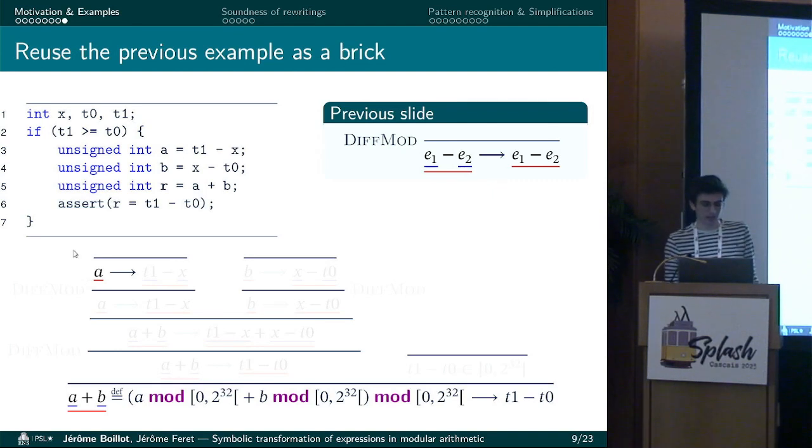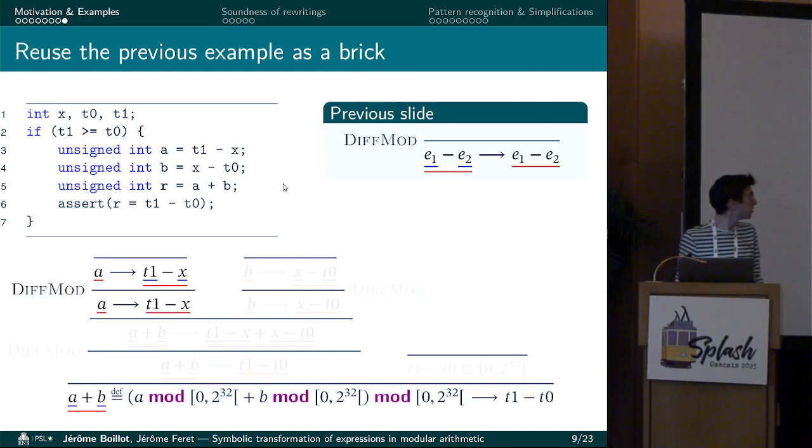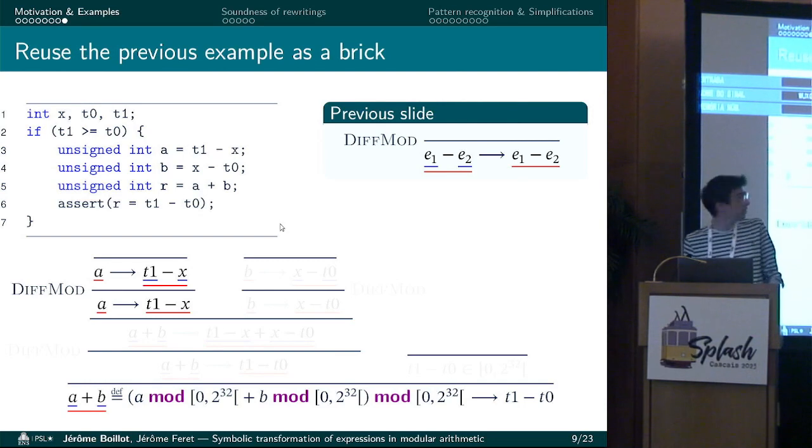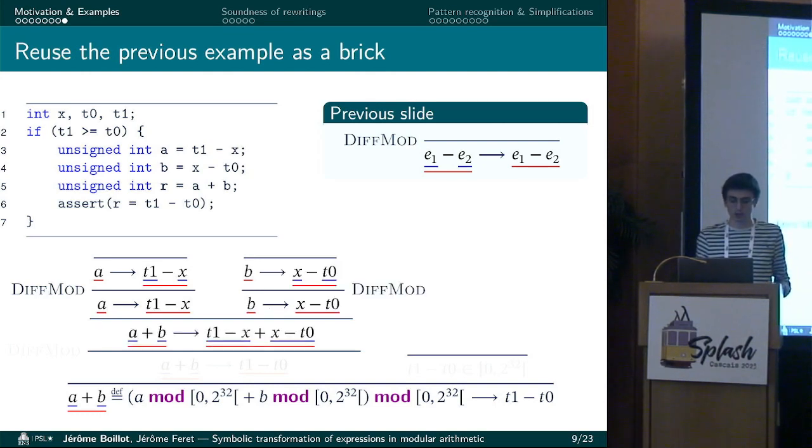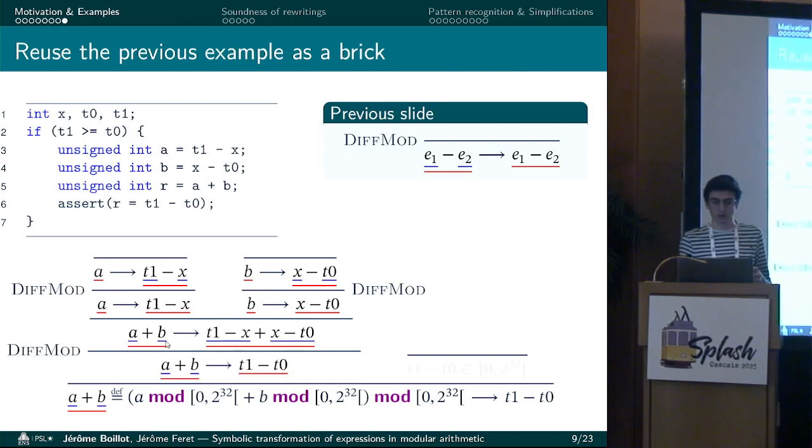So let's begin. We have A. By doing symbolic constant propagation, we can rewrite it as T1 minus X, evaluated in the right modular rings. Then we can just apply the diff mod rule, by removing the two inner modulo computations. We can do exactly the same with B. And then we can just rewrite in this expression the values of A and B. So we reuse again the same rule, diff mod, and we can remove the two inner modulo computations.